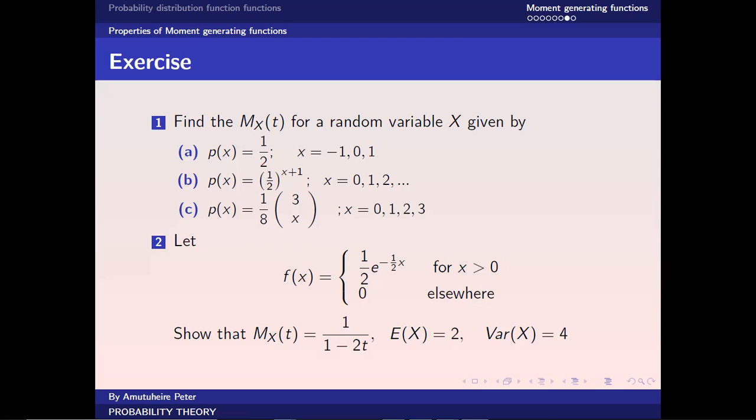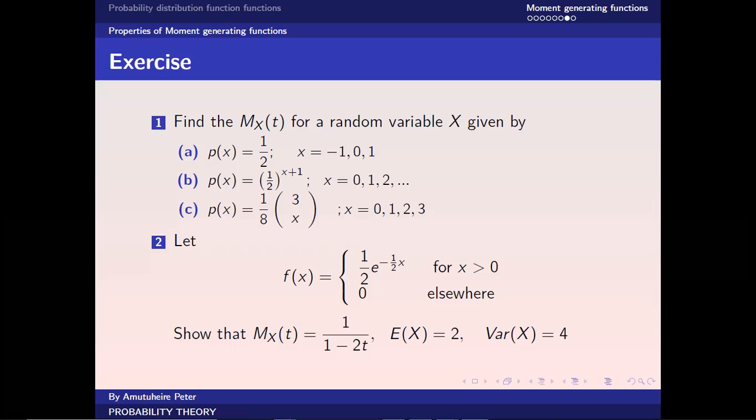This part A is a discrete random variable, because it is taking on specific values. So the expectation is the sum from x equals -1 up to 1 of e^(tx), times a half.